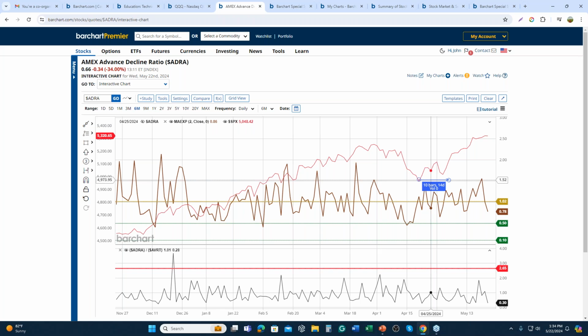This is a good tailwind, so the trade that I'm about to enter into will have a better probability of working out during that 1 week or 2-week period, because I'm going to catch the tailwind of positive breadth in the S&P.